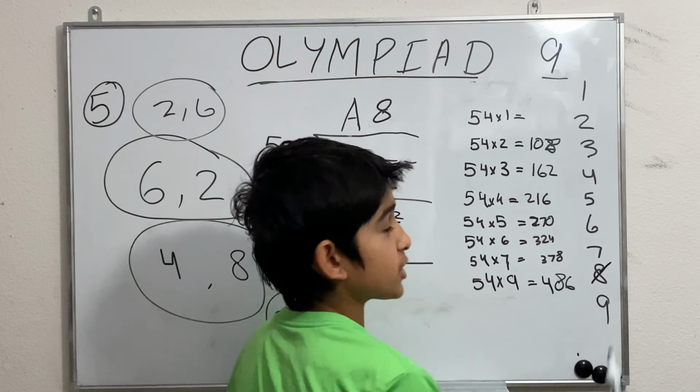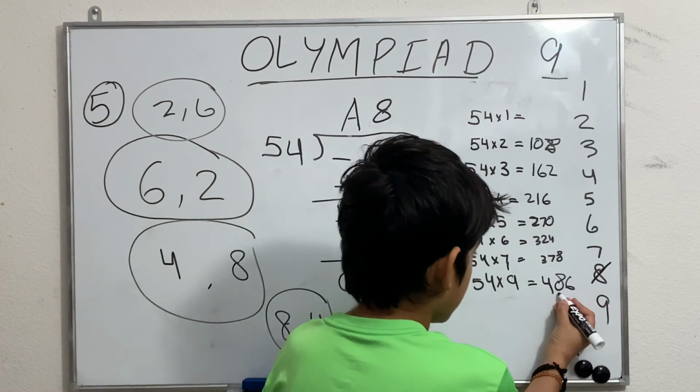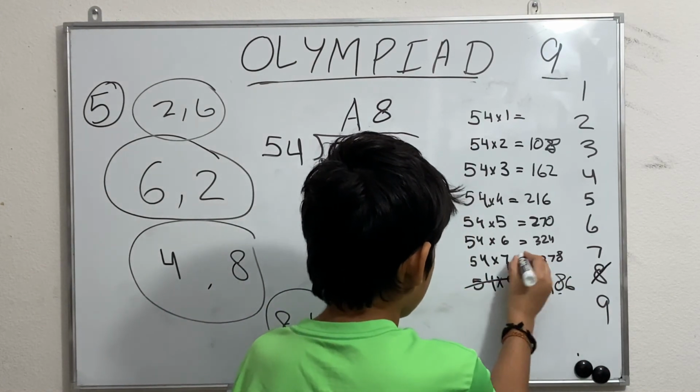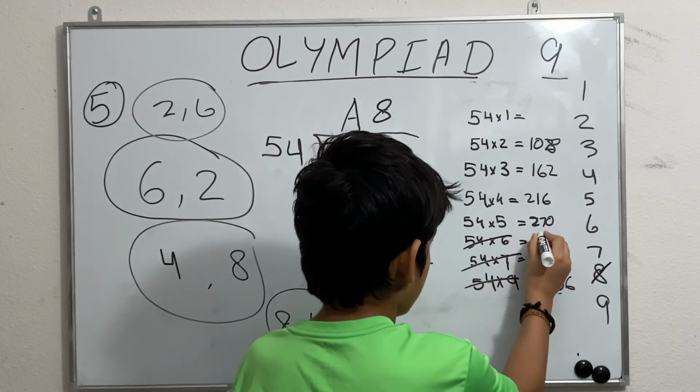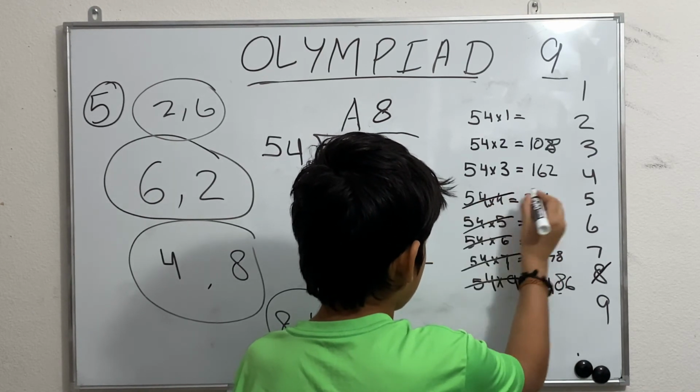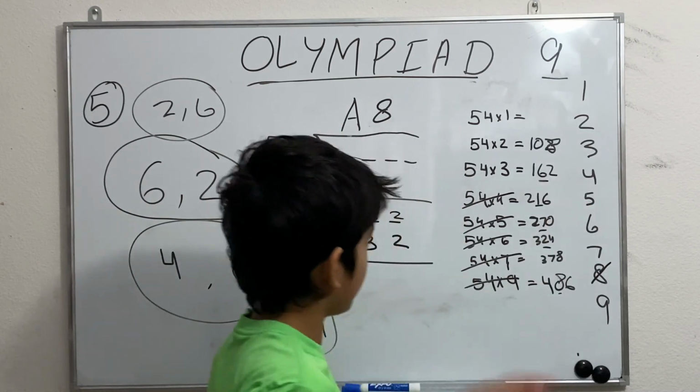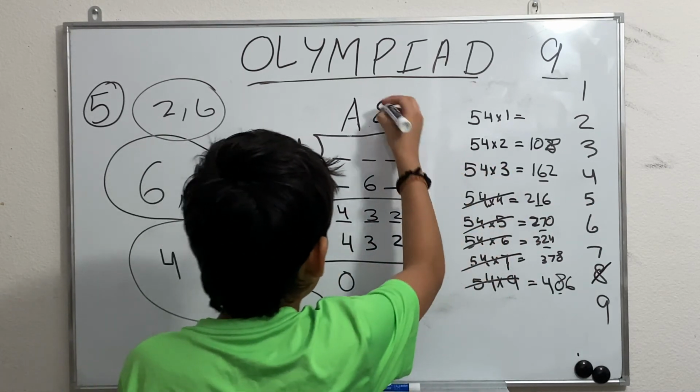Let's check which has the tens digit of 6. Nope. Nope. Nope. Nope. Nope. Nope. And then yes! We got it, which means 54 times 3.